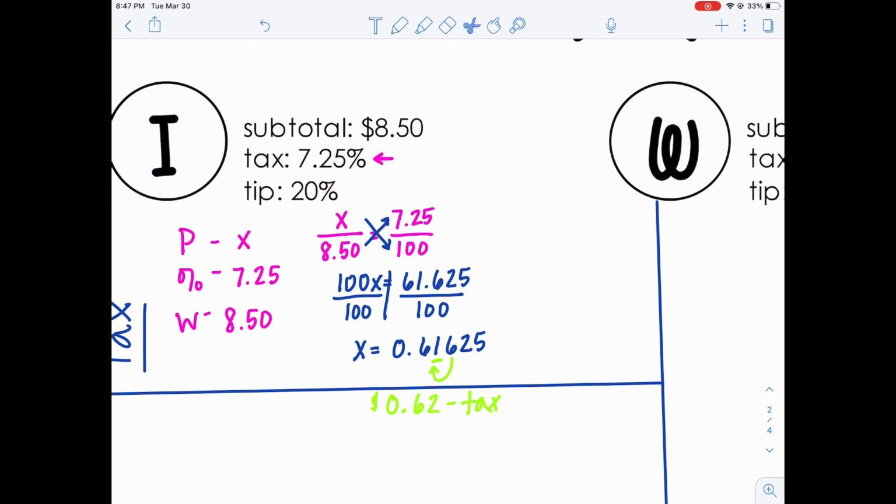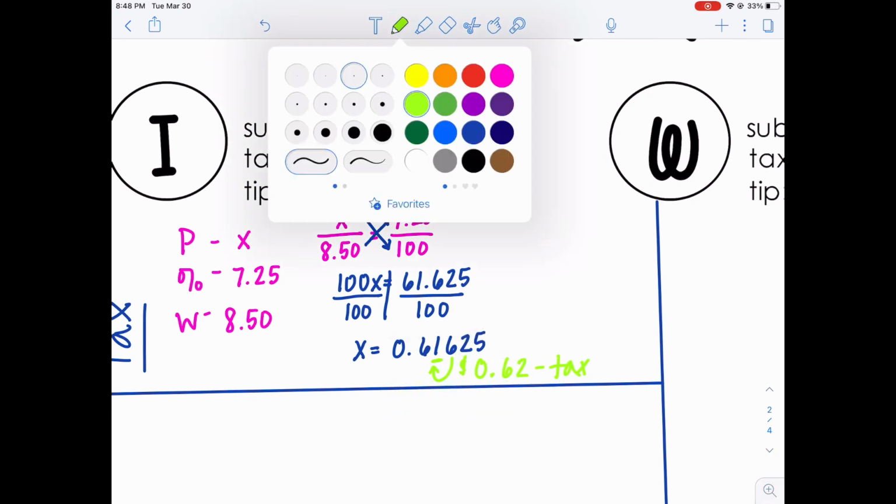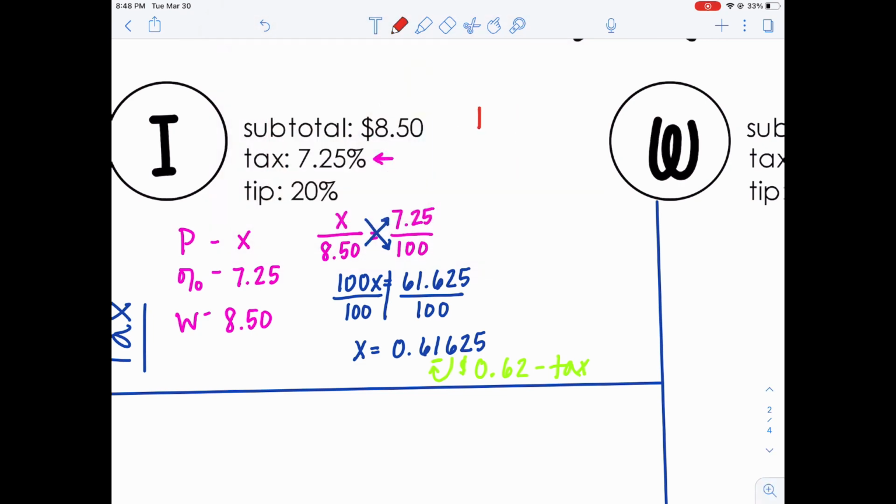Now, once you find your tax, you're going to add it back to your original subtotal so that you can get something called your new subtotal. So to find your new subtotal, you're going to take your original subtotal, which for this was $8.50, and you're going to add the tax to it.